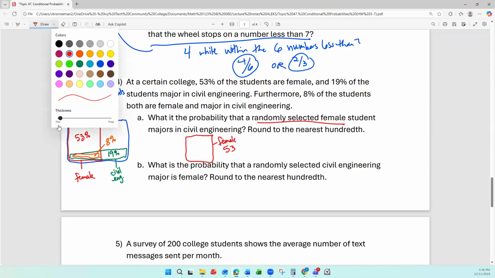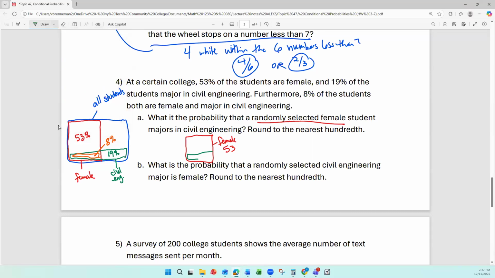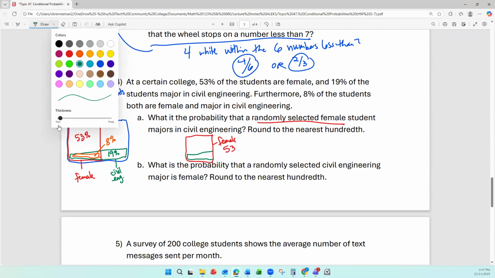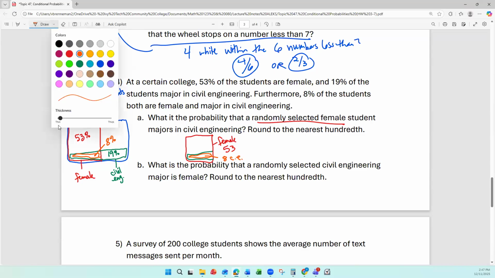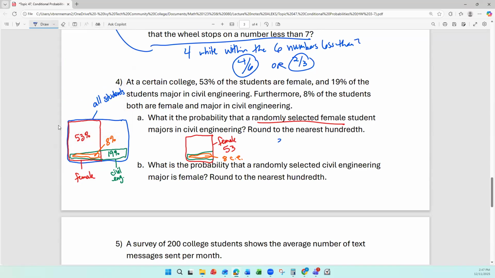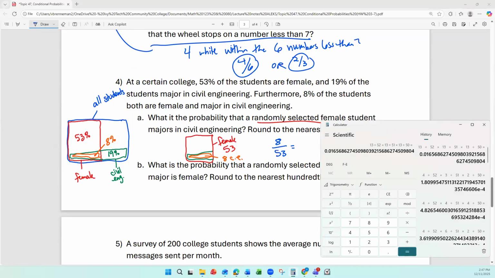And within that, the civil engineering group, which was the 8. So that's 8 out of 53. 0.15.